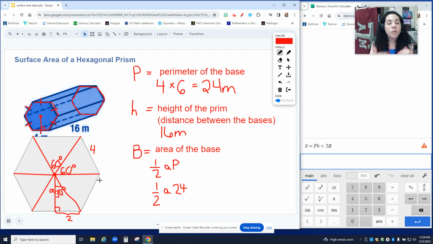You can tell just from looking at it that the 2, if I multiply that by the square root of 3, that's going to be the value of the apothem, opposite from the 60-degree angle. But if you don't remember that, you can use trigonometry. So we have our opposite side and the adjacent side. So when you think of SOHCAHTOA, we would be using tangent.